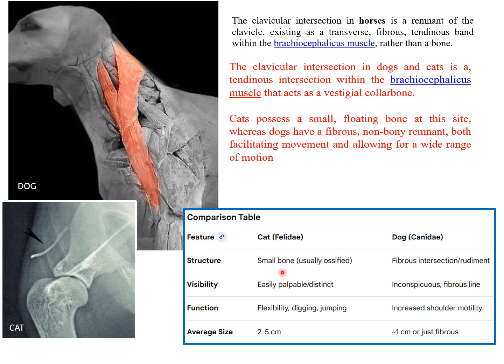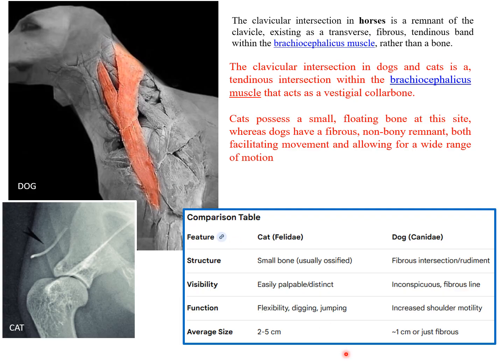The clavicle in the cat is a small bone, usually ossified, while in the dog it is a fibrous intersection or rudiment. It is fibrous in nature, it's not bony. Okay. Now it is easily palpable or distinct in cat, while in dog it is inconspicuous.